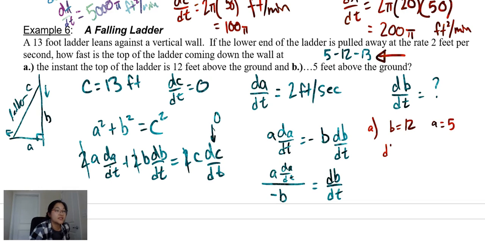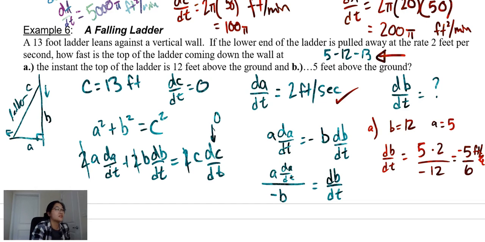So dB/dt equals 5 times dA/dt, which is 2, over negative b, which is 12. That's 5 over 6, negative. What's the units on that? Feet per second.